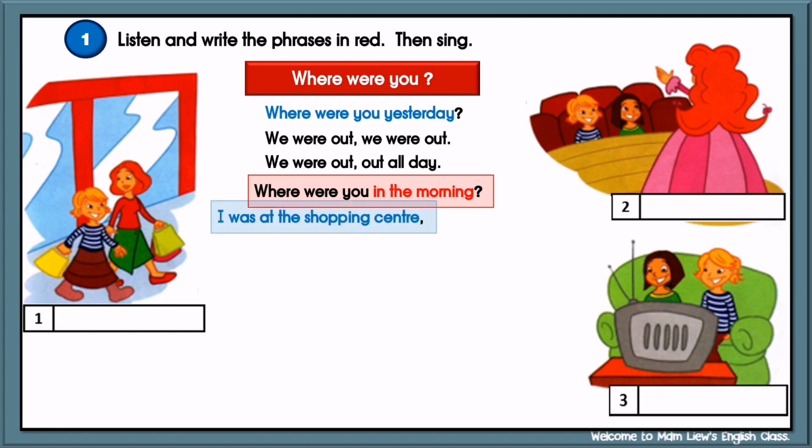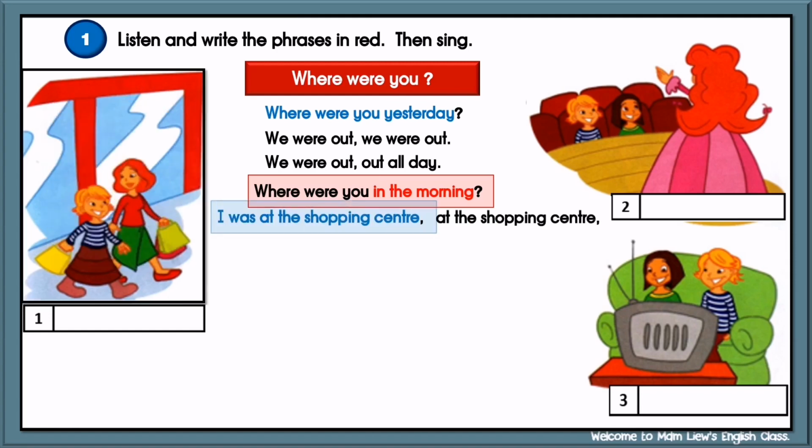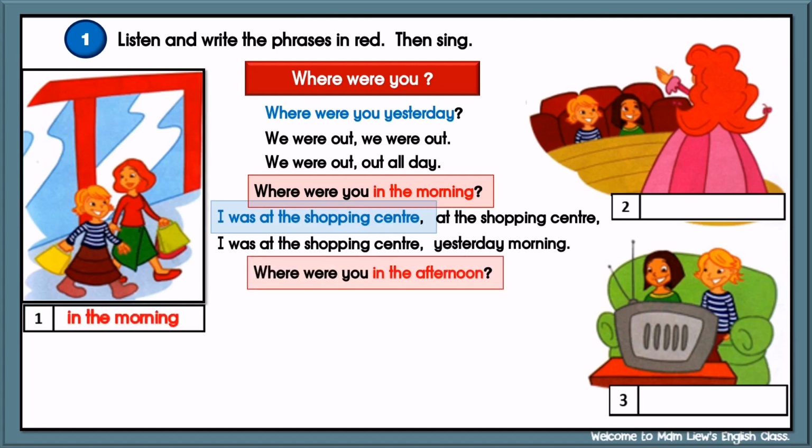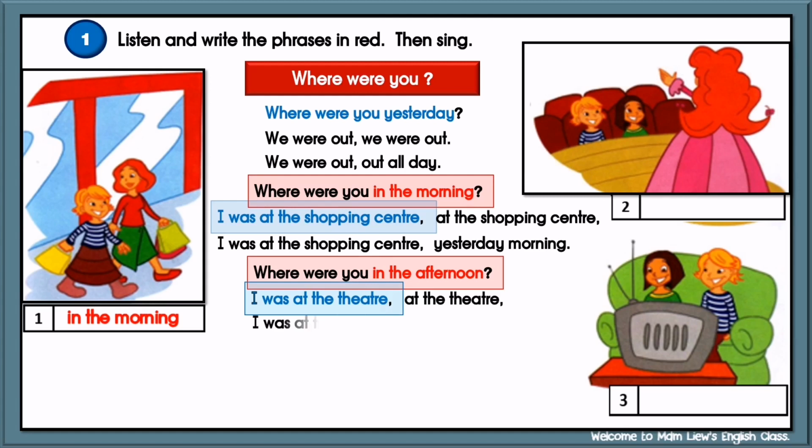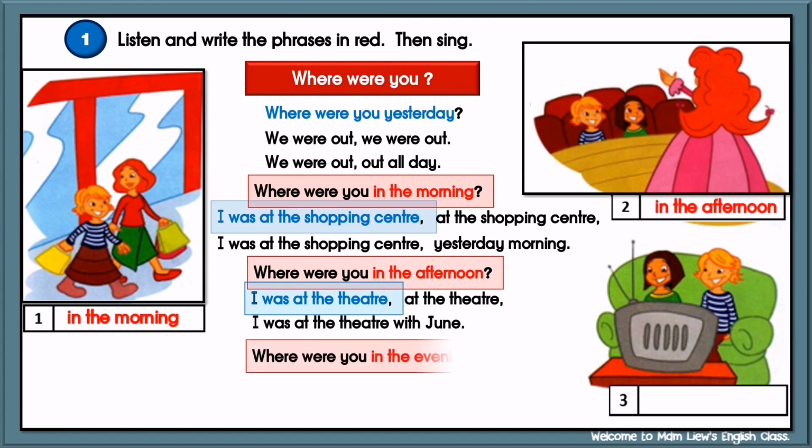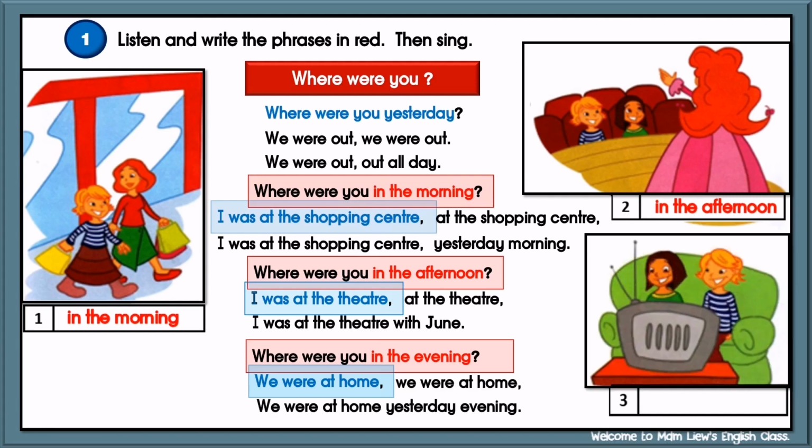I was at the shopping center, at the shopping center. I was at the shopping center yesterday morning. Where were you in the afternoon? I was at the theater, at the theater. I was at the theater with June. Where were you in the evening? We were at home, we were at home. We were at home yesterday evening.